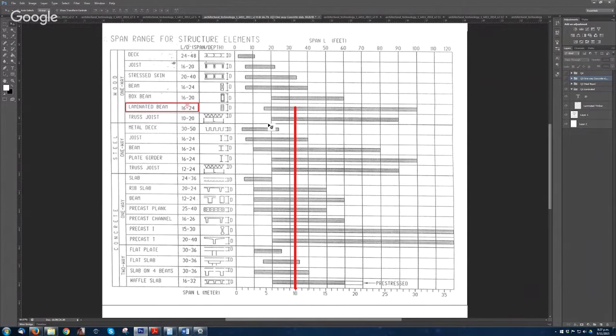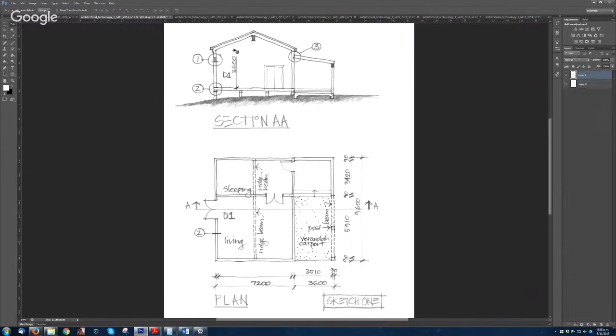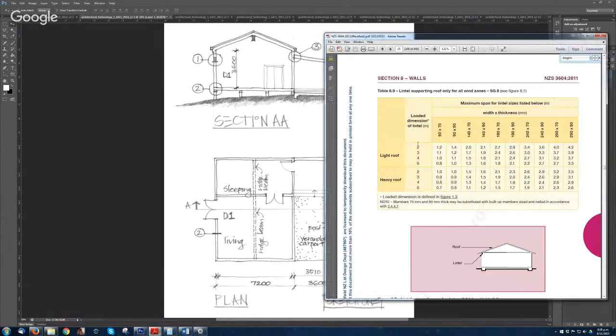So that's 20. The loaded dimension is 2 because you take half, which is 1.8, and on the table there's no 1.8, so you always take something close but always higher. So on that table it was 2.